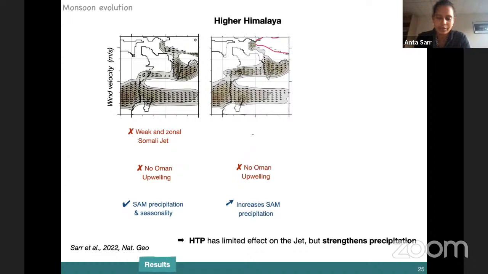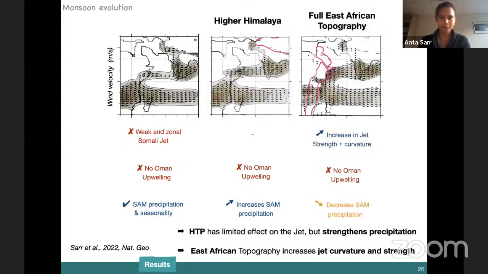And this is what I would expect, because a lot of studies show that the precipitation amount in the South Asian monsoon region scales with the height of the Himalayas. Then I looked at the East African topography, and what I show by increasing the height of this topographic feature is that I am able to increase the strength of the Somali jet, but also, more importantly, that now this jet is a bit more bent and goes further north.